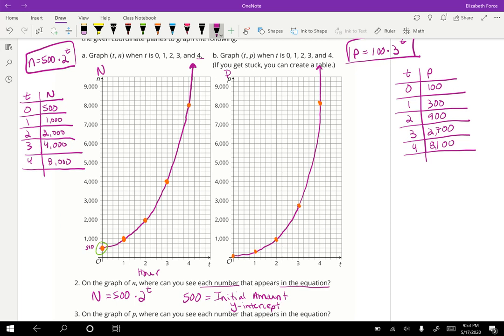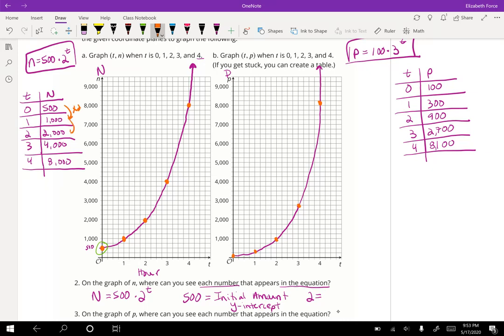The 2. How can we see the 2 in the graph? Well, I don't see the 2 in the graph, other than the fact that the 2 was used to help me get each output number. And that is what we call how we grow. How are our output numbers growing? So from hour to hour, we times it by 2.